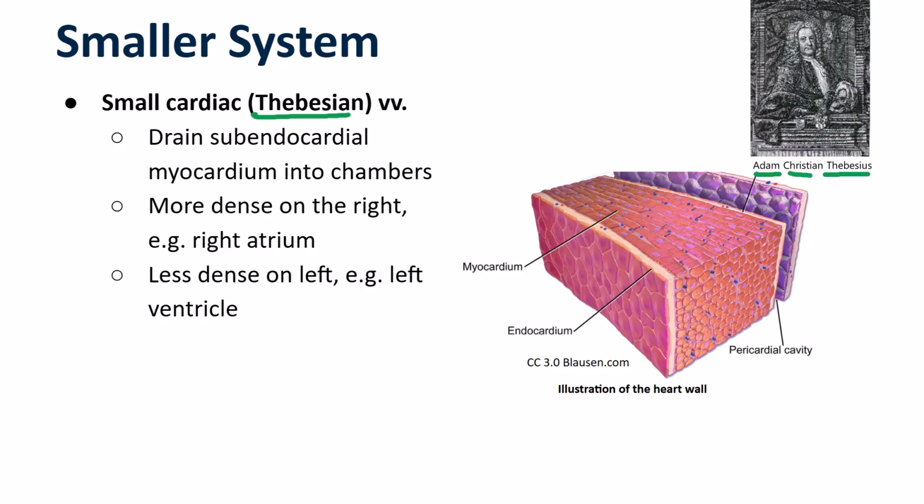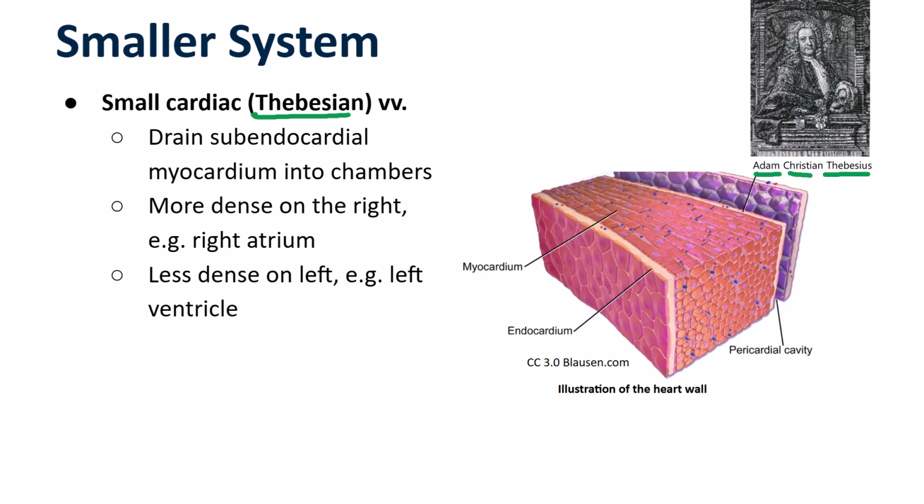They tend to be the most dense on the right, and especially the most dense in the right atrium. And they are the least dense on the left side of the heart, especially at the left ventricle. So even the small cardiac veins of the smaller system are returning to the right atrium, and they're in a greater density.